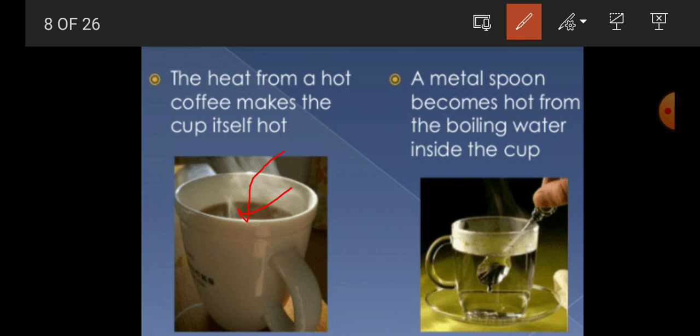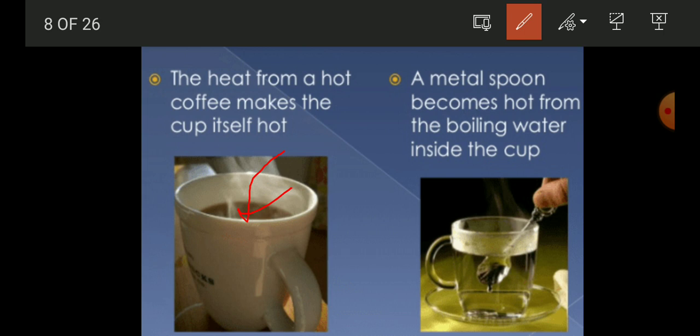In this, the spoon gets heat from the hot water, and this is also possible by conduction, because direct touch is involved. The hot water is in touch with the spoon, and that is why the spoon gets hot.